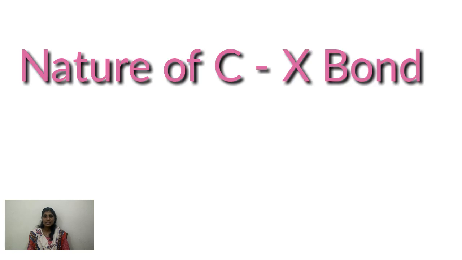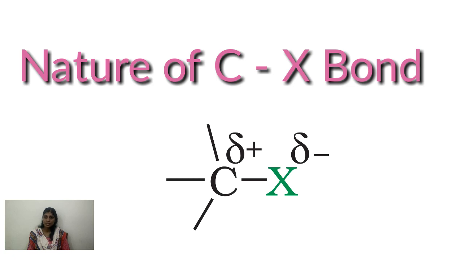Nature of the C-X bond. Halogen atoms are more electronegative than the carbon atom. So the carbon-halogen bond, that is the C-X bond of alkyl halide, gets polarized. Here the carbon atom gets a partial positive charge, whereas the halogen atom gets a partial negative charge.